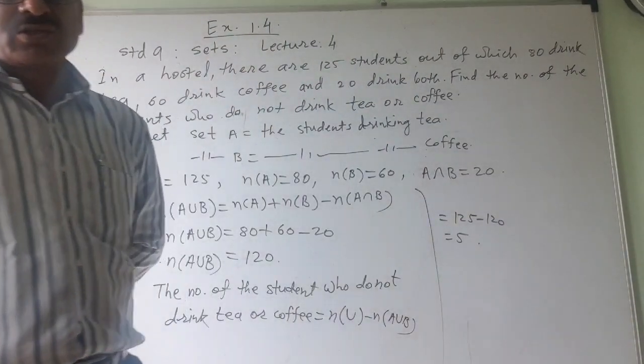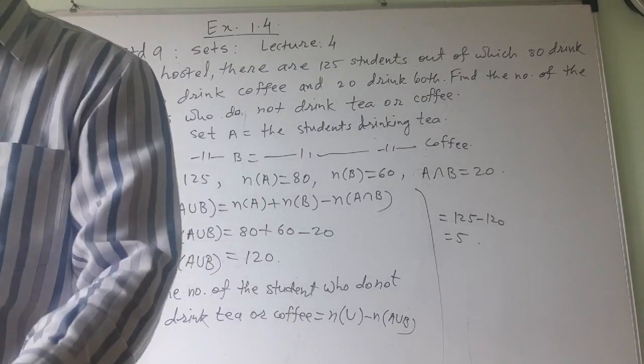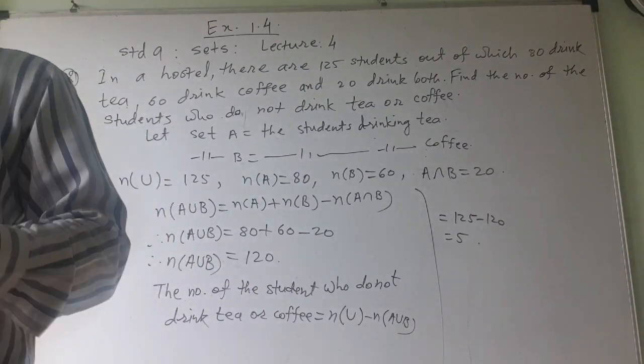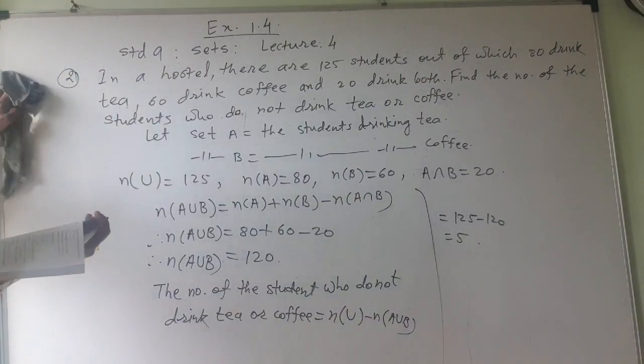These are the students who are neither taking this or that. Then we will go for the third sum. Hope that you have understood this.